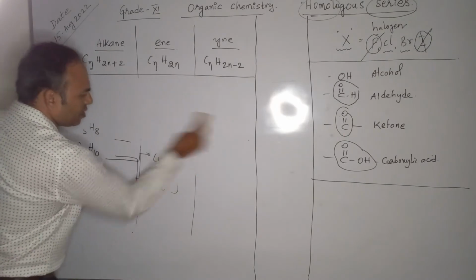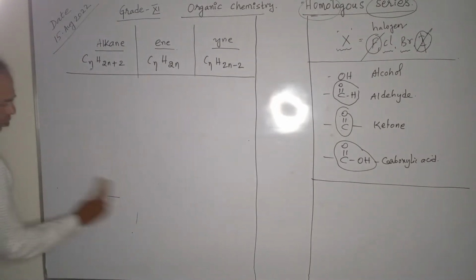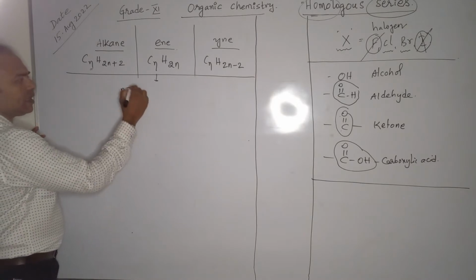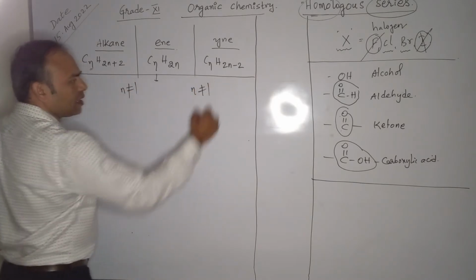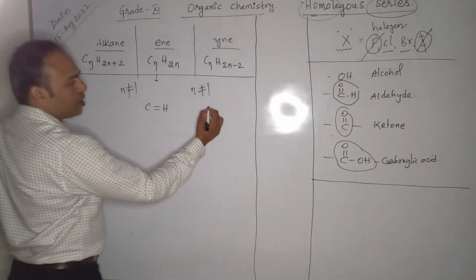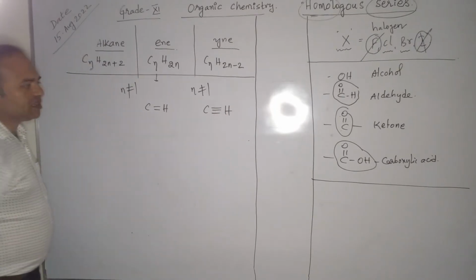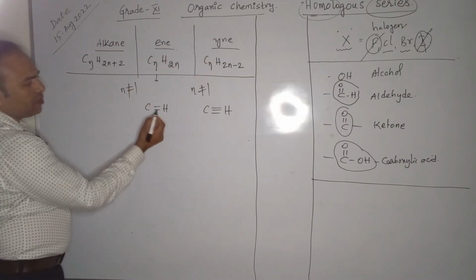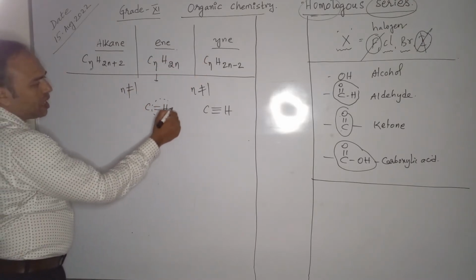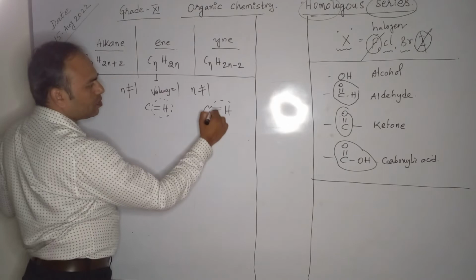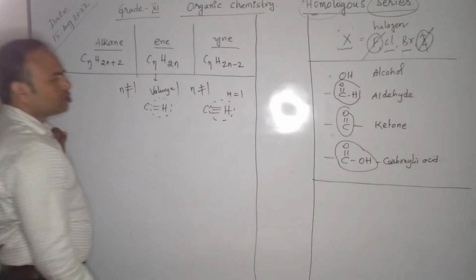this holds good for the next two hydrocarbons, CnH2n. Here one important aspect is that n can never be 1. Here also n can never be 1. What is the reason? I cannot write C double bond H. We cannot write C triple bond H. So n can never be equal to 1 in the case of alkenes and alkynes, because the valency of hydrogen is only 1.